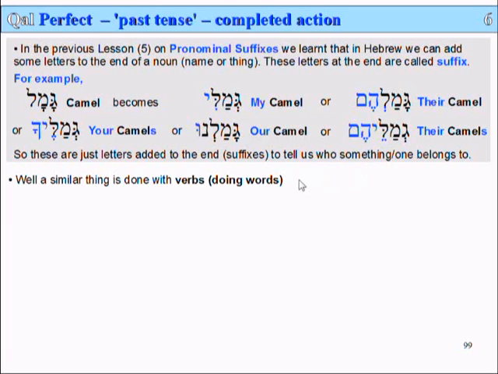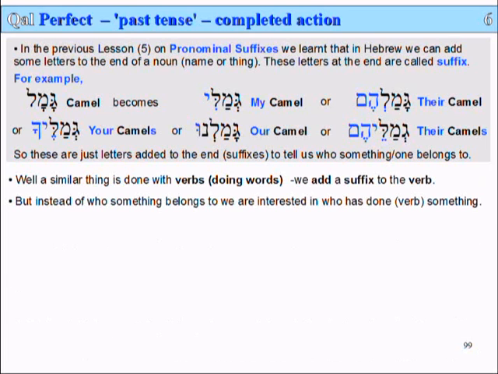But we also have suffixes that we add to the end of verbs or doing words. We add a suffix to the verb, but instead of who something belongs to, we are interested in who has done something, because a verb is a doing word.